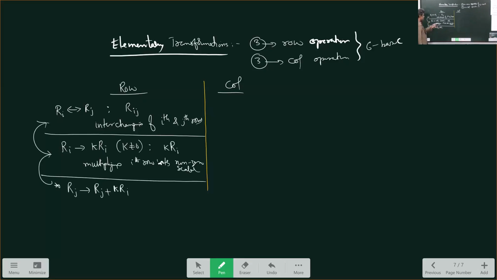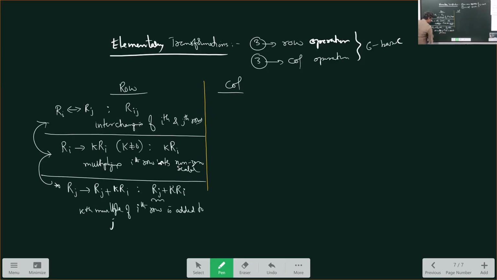Check it. A kth multiple is always possible. After multiplying by the constant k, it is added to some jth row. So simply saying, I can write Rj plus k times Ri. Please remember all the time, the first one you are writing is the changing row. So that is the kth multiple of the ith row added to the jth row.